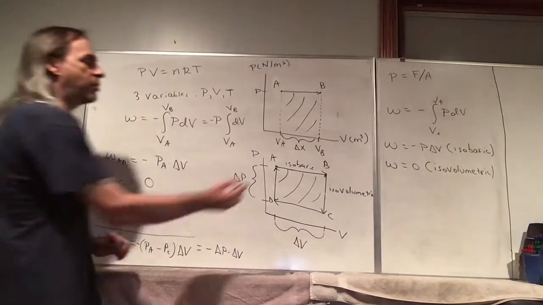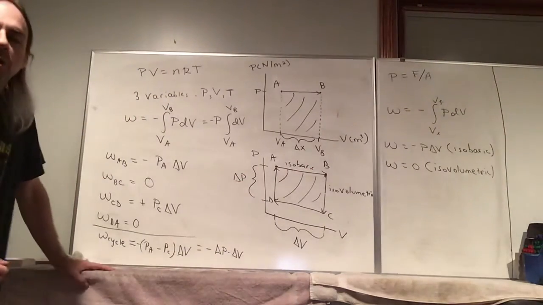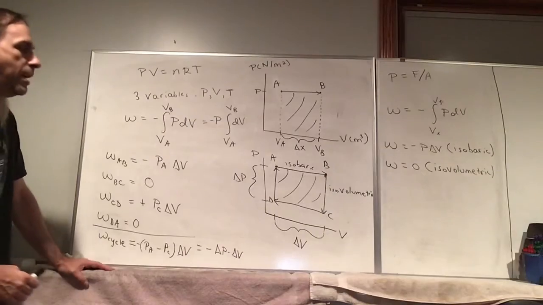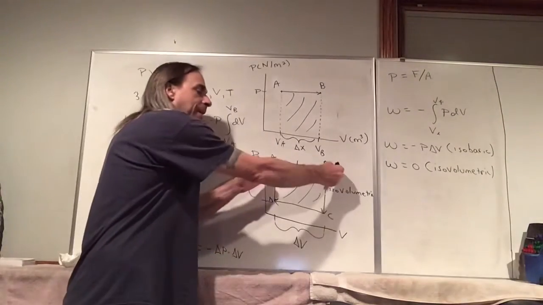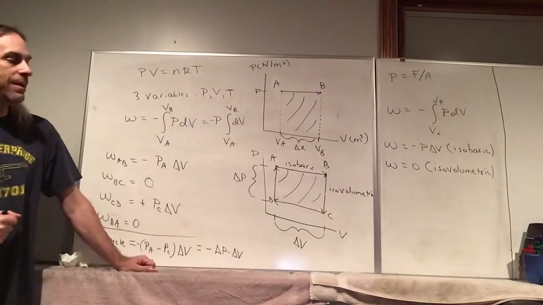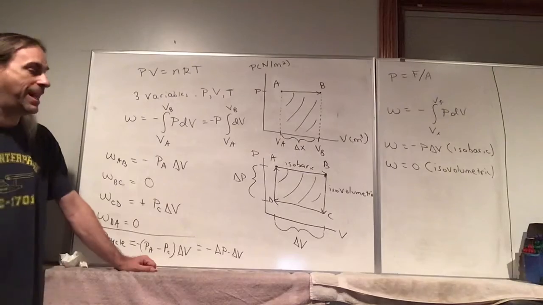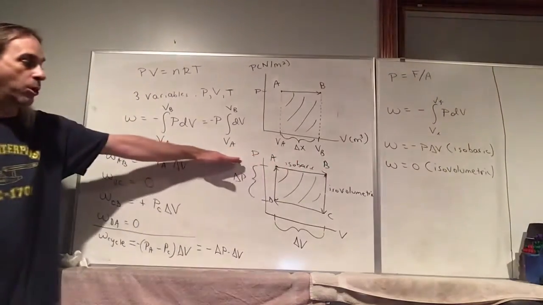And then if we were just to go back along this line, back to our starting point, that would not be very useful at all. Because here, the gas is expanding and doing work on its environment. To get it back to its initial state, we would have to do work on it. And the work would be the exact same if we just followed this line backwards.